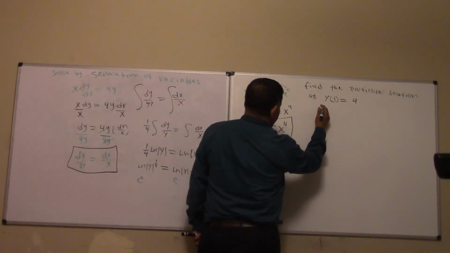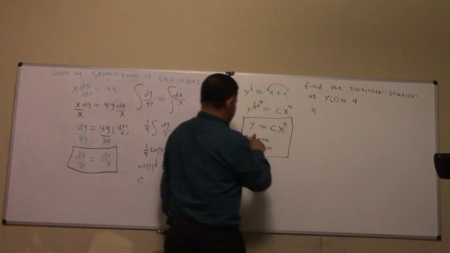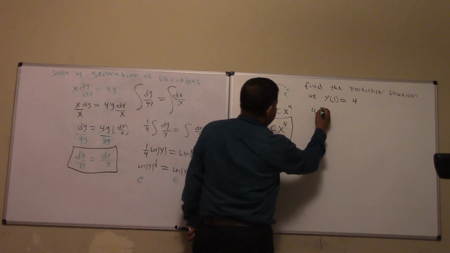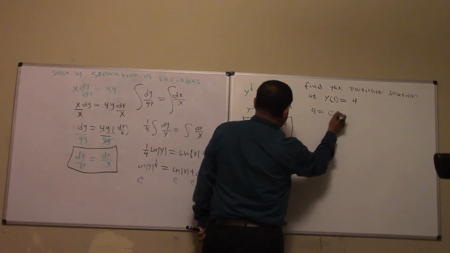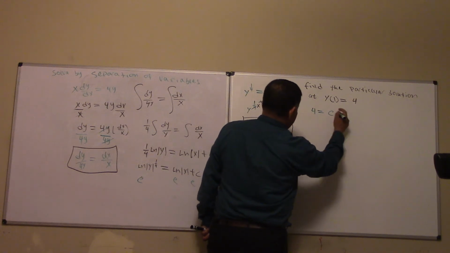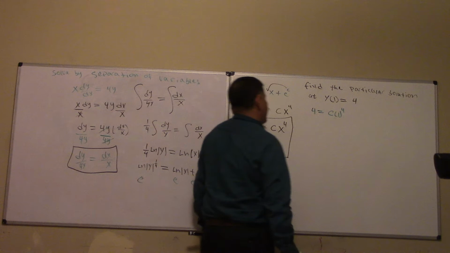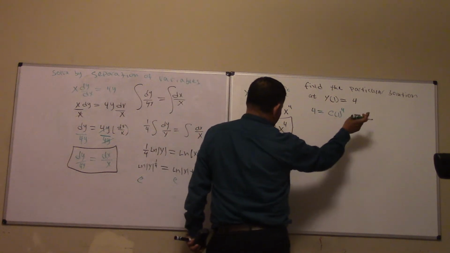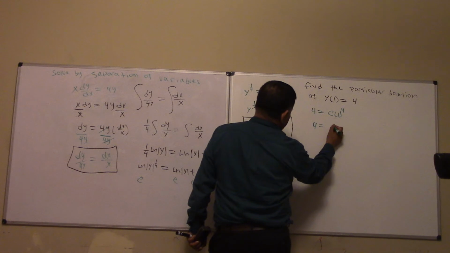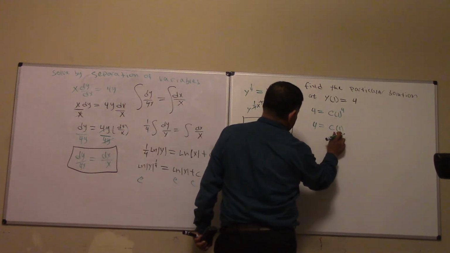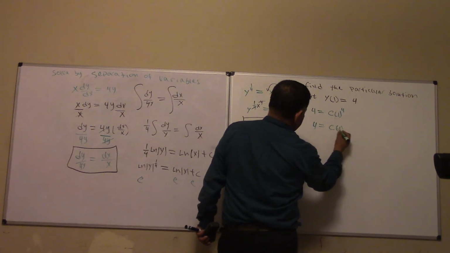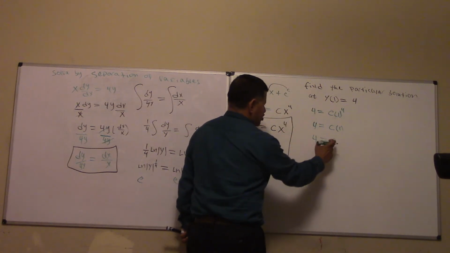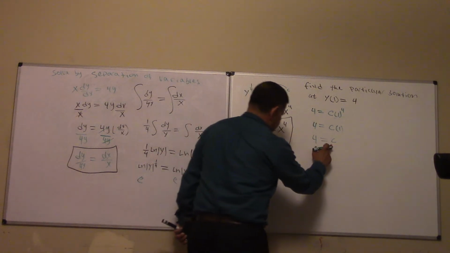We plug in 4 for y, and we say equal to c, and here we plug 1 to the 4th power. 1 to the 4th power is just 1, so we say 4 is equal to c, or c is equal to 4.